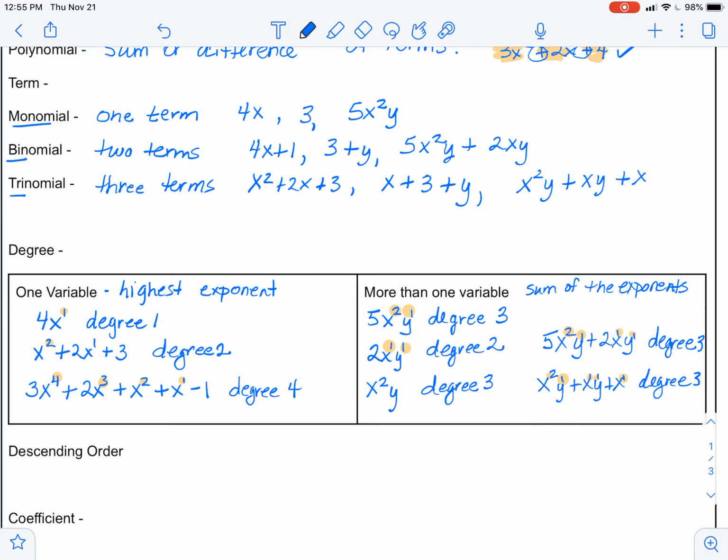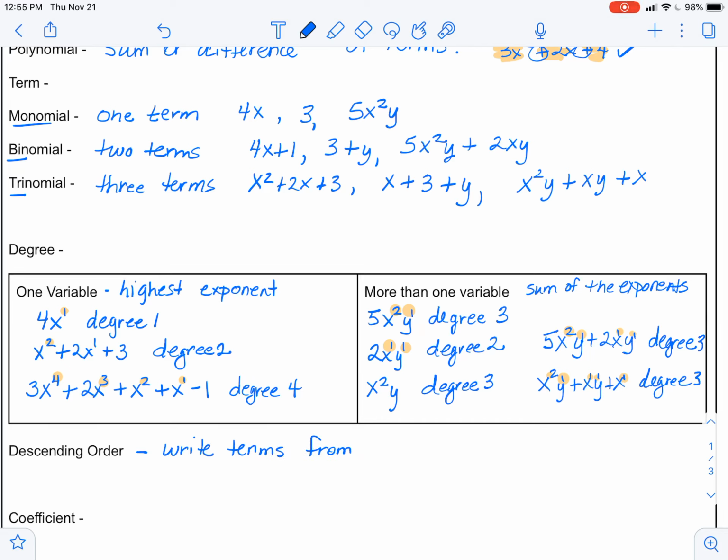Okay, and so what descending order means is simply you write your terms from highest to lowest degree.